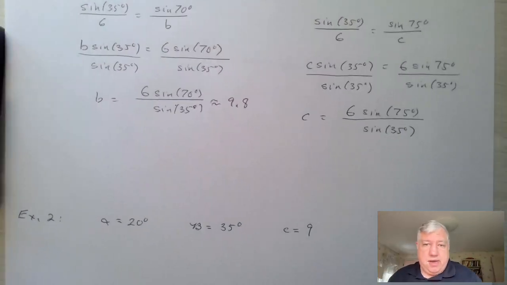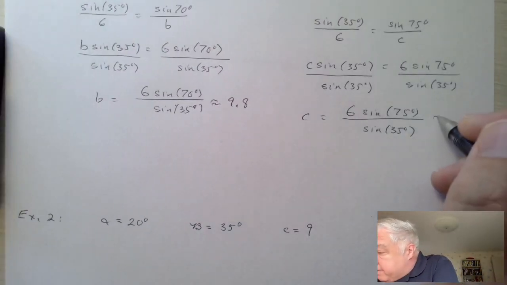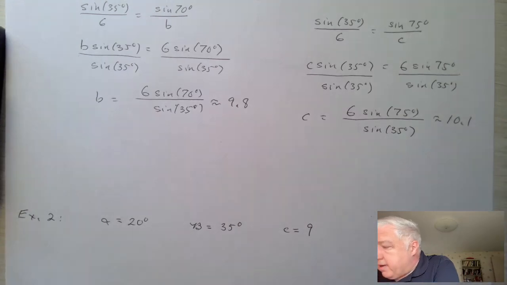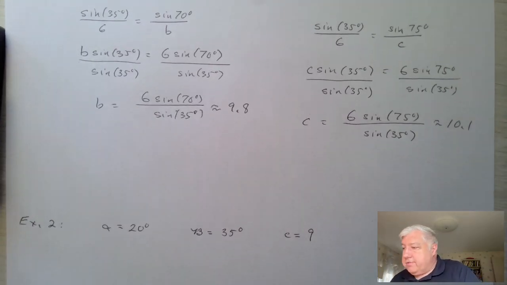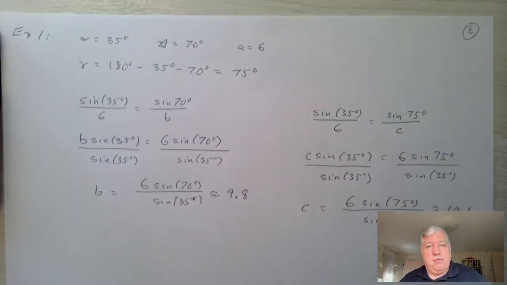Using your calculator, this turns out to be approximately 10.1. So we found the other 3 pieces of information that we were looking for.